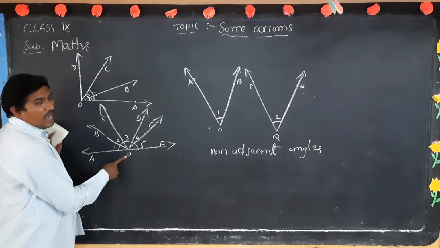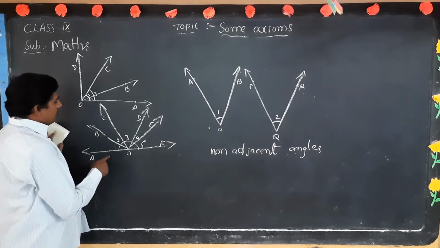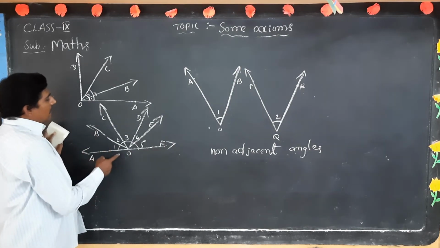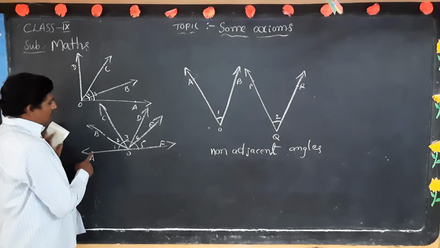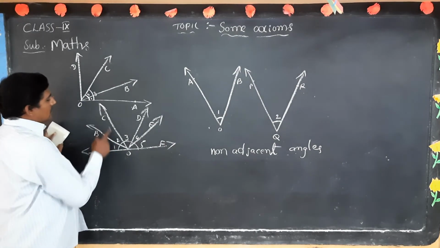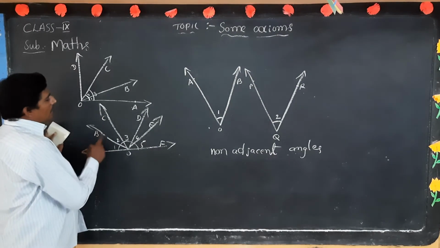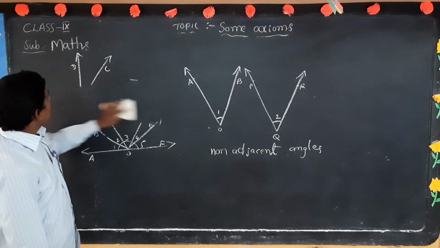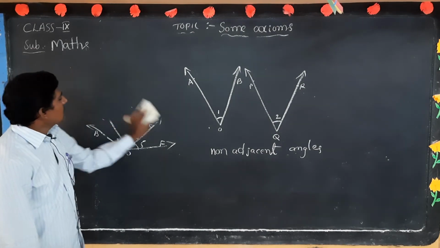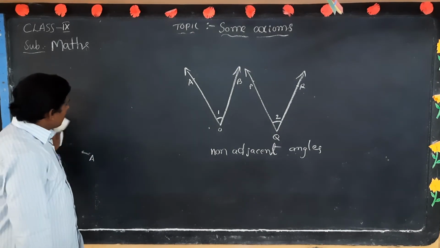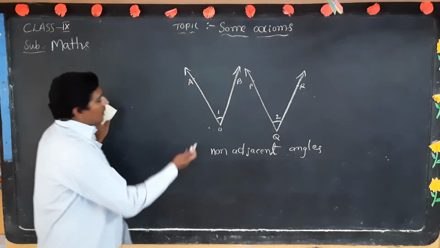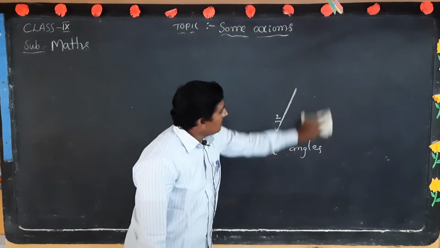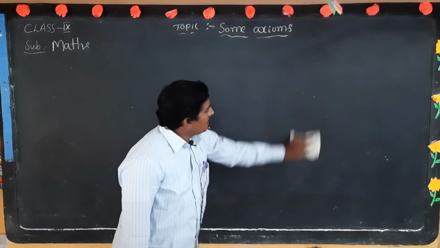O is the common vertex. And here, in between OA and OF, OB is a common arm. OB is a common arm to OA and OC. OC is a common arm to OB and OD. So like that, common arm and common vertex means those are adjacent angles. If there is no common arm and common vertex, those are non-adjacent angles.